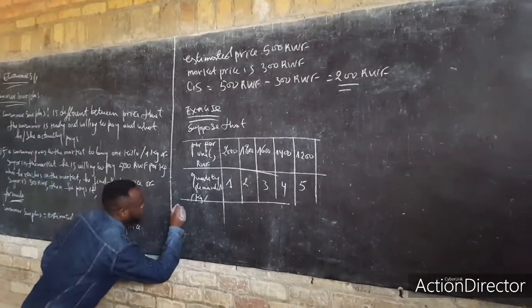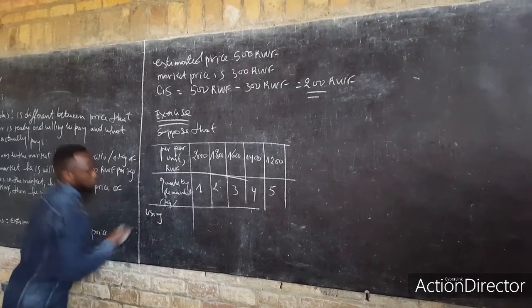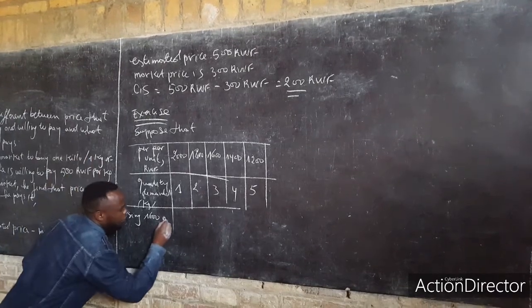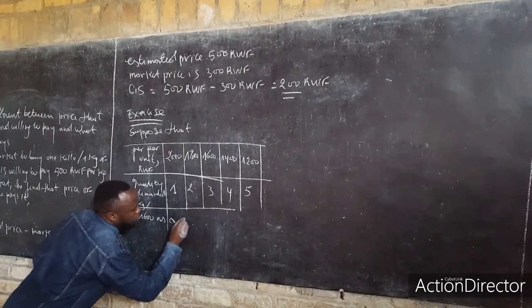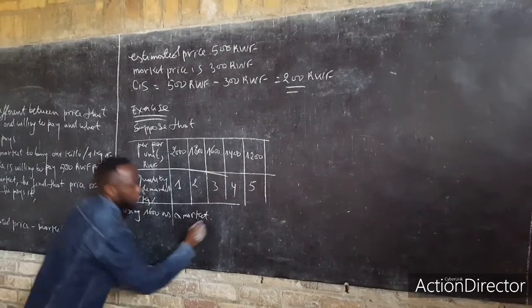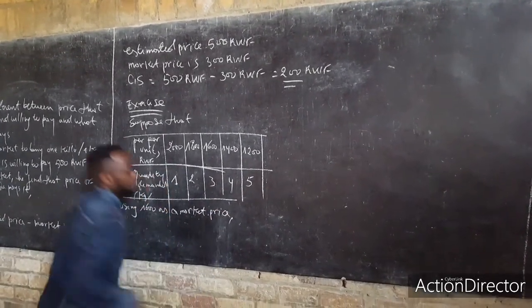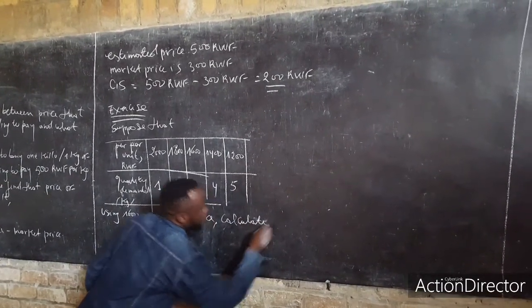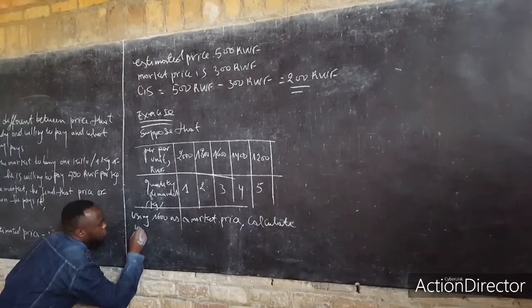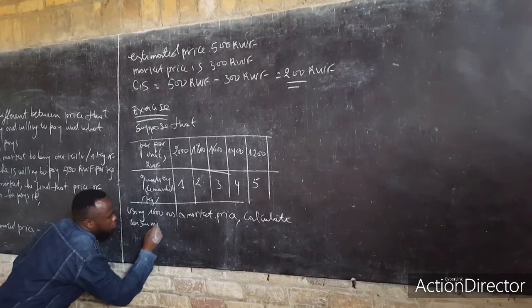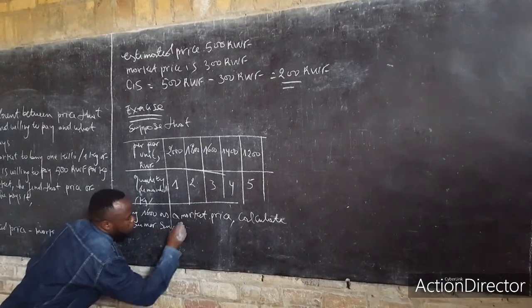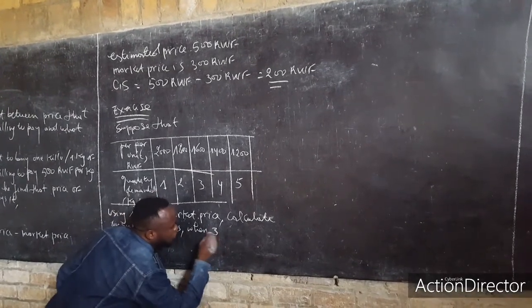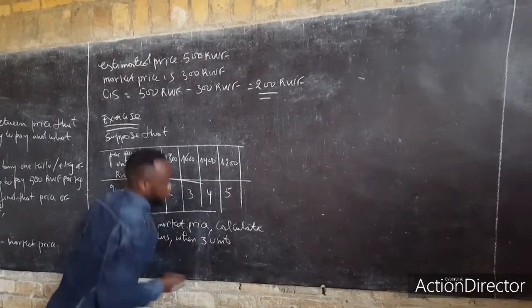By using 1,600 as a market price, calculate consumer surplus when 3 units are purchased.